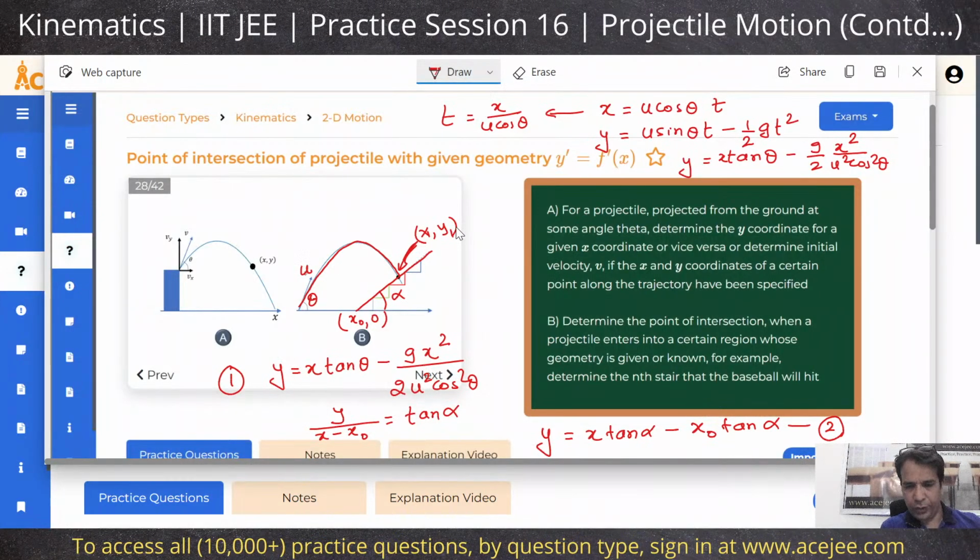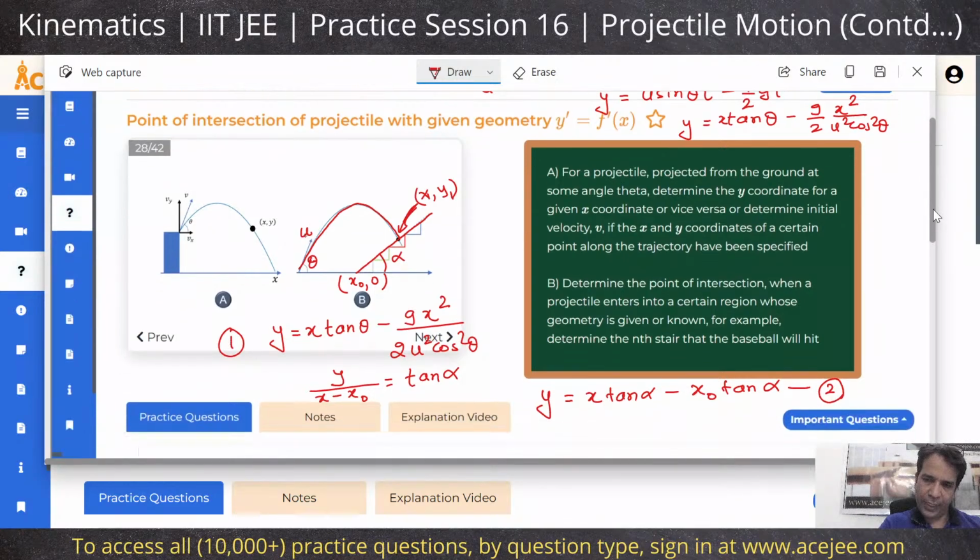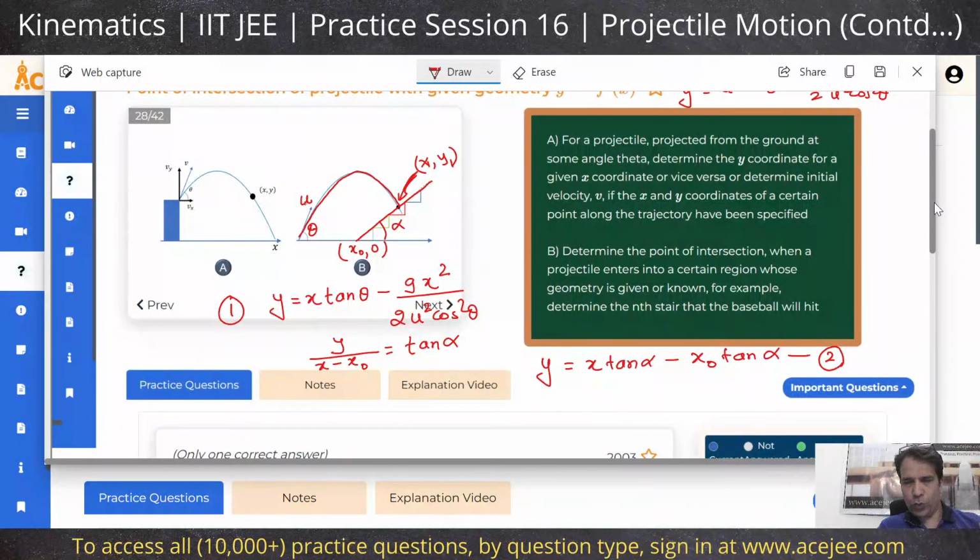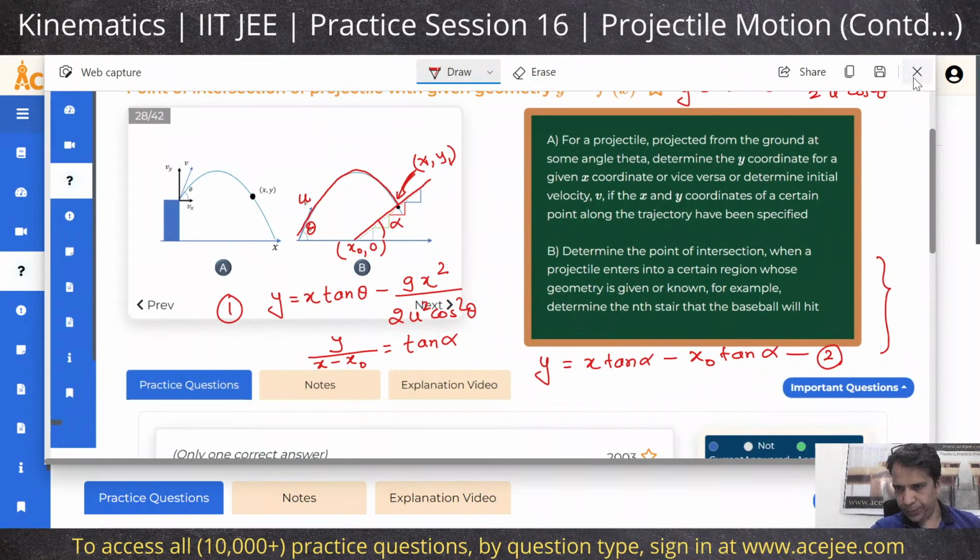So x1, y1 should satisfy both these equations, that is the equation of the parabola traced by the projectile and the equation of the line. So you will get two equations in two unknowns x1, y1, and you should be able to solve for them. Is the approach clear? How do we proceed on such types of questions? I need a quick affirmation and then we'll move on.